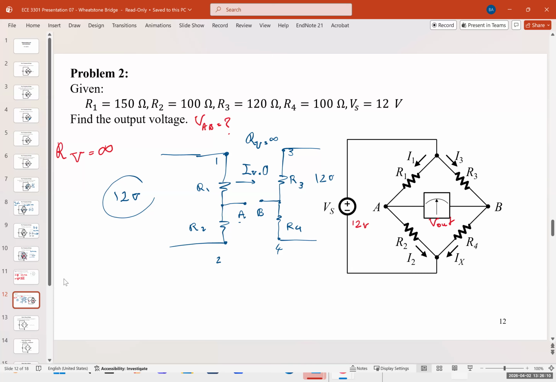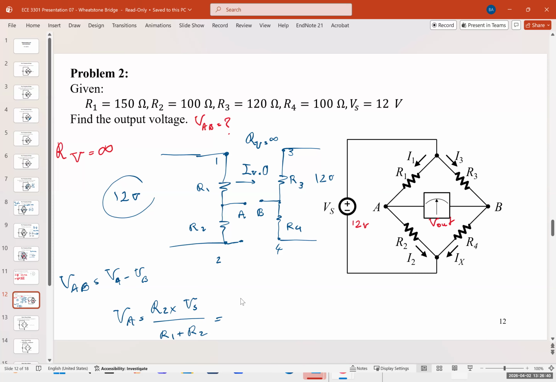Now, VAB is going to be equal to VA minus VB. What is VA? How can I find VA? This is VA. I could simply use a voltage divider. So VA is going to be R2 times VS, which is 12 volts, over R1 plus R2. Is that correct?